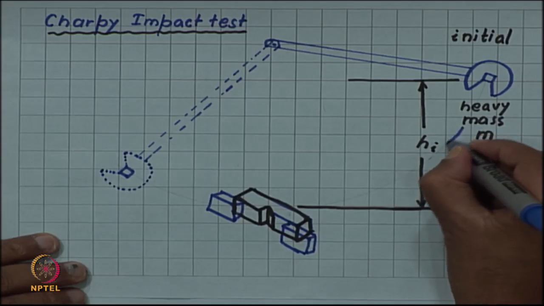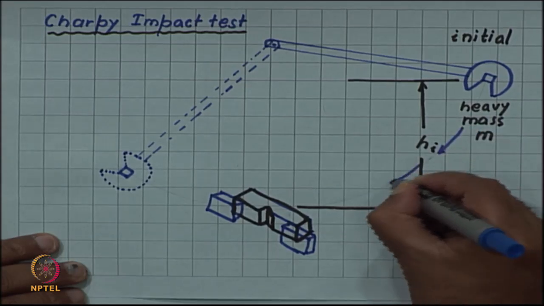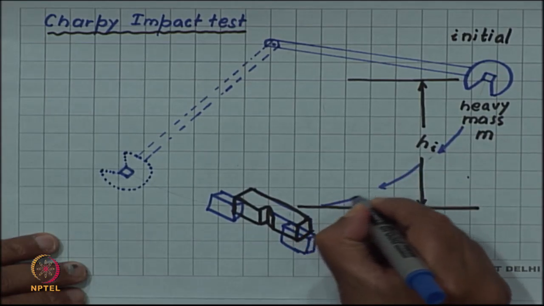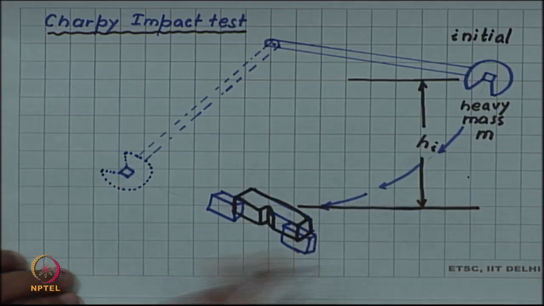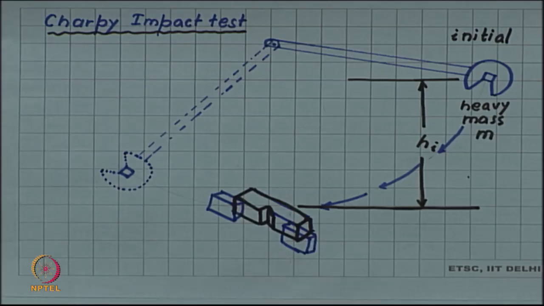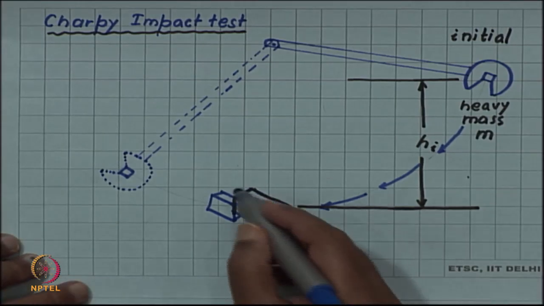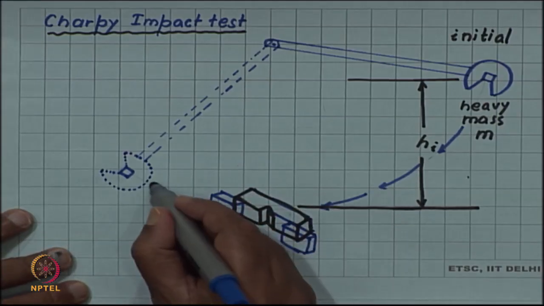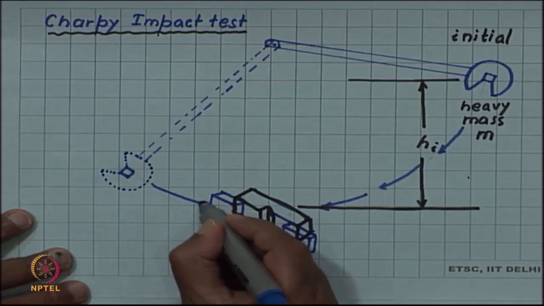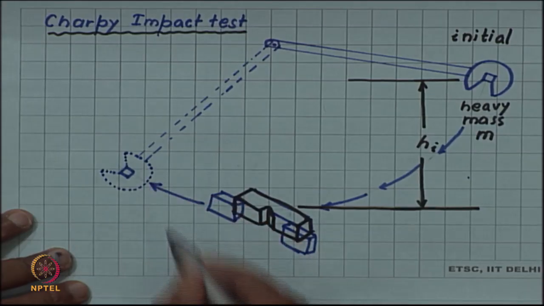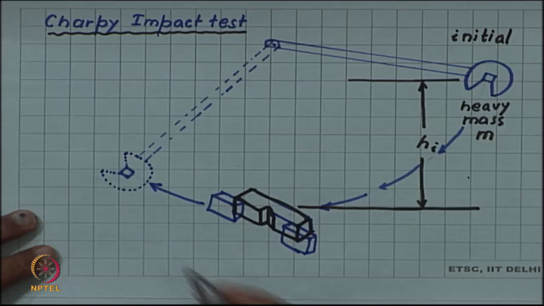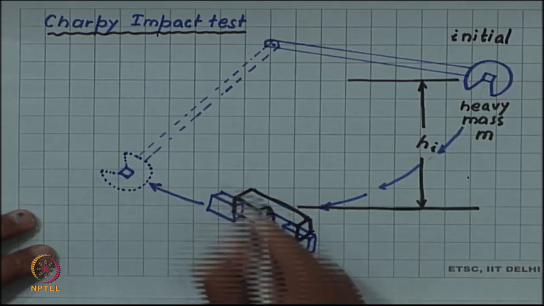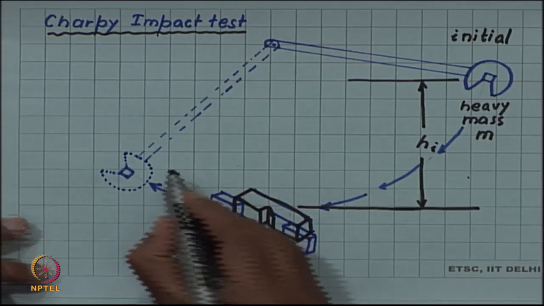Then when this pendulum is released, it will follow this path and will strike the specimen, and the experiments are set up such that the sample breaks. After breaking, the pendulum will continue its motion on the other side and rise up to a final height.